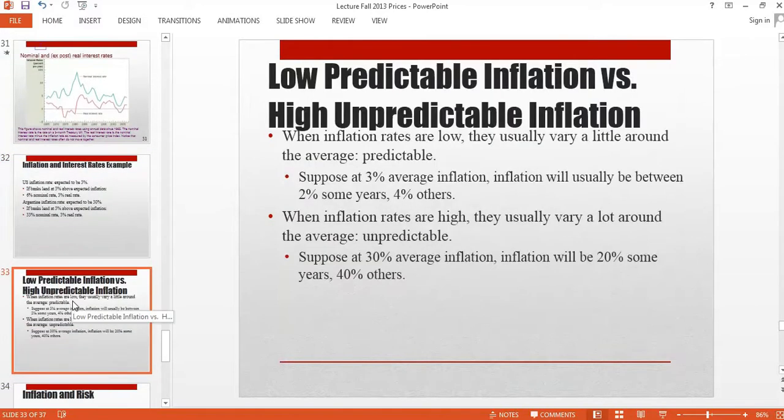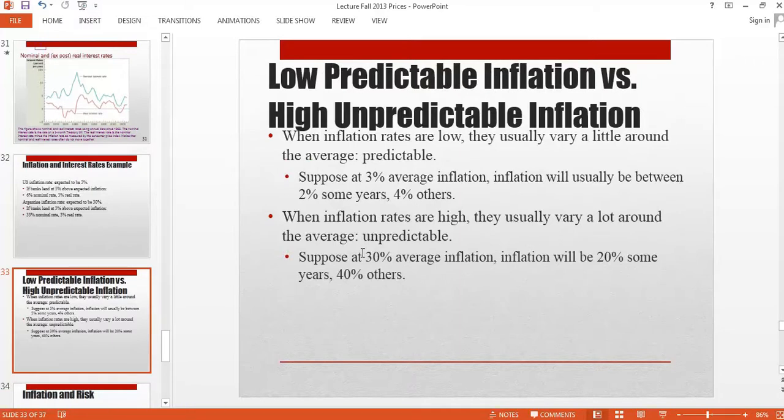What we tend to see out there is that when inflation tends to be low, it tends to be more predictable than when it's high. So suppose in the US, with its 3% average inflation, inflation is a coin flip. Heads, it's 2%, tails, it's 4%.